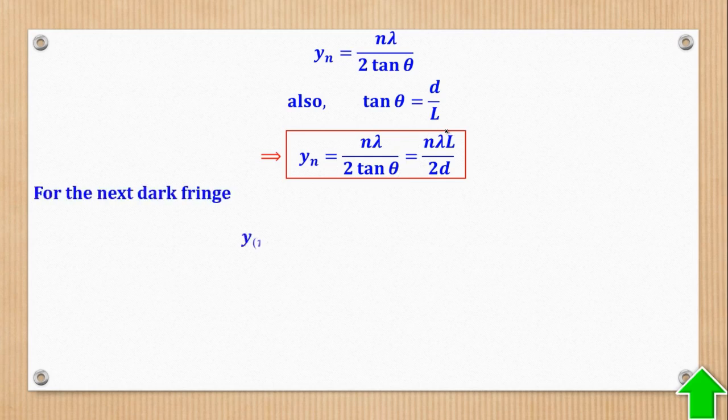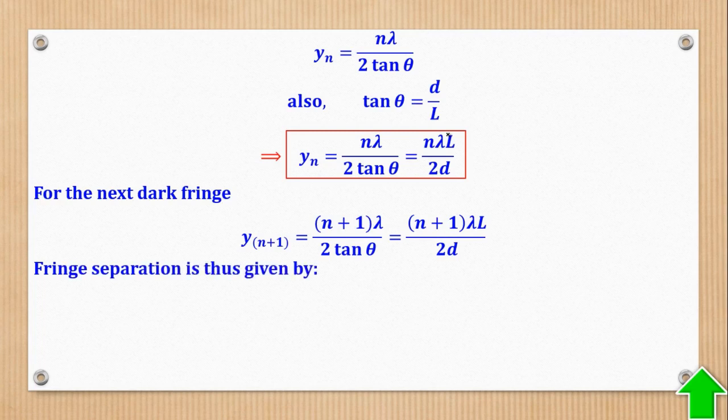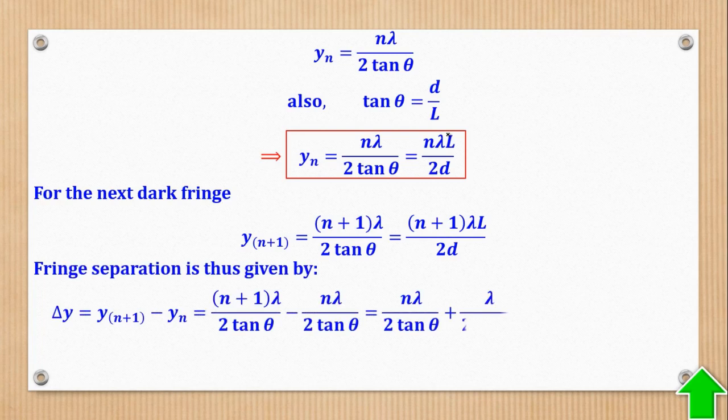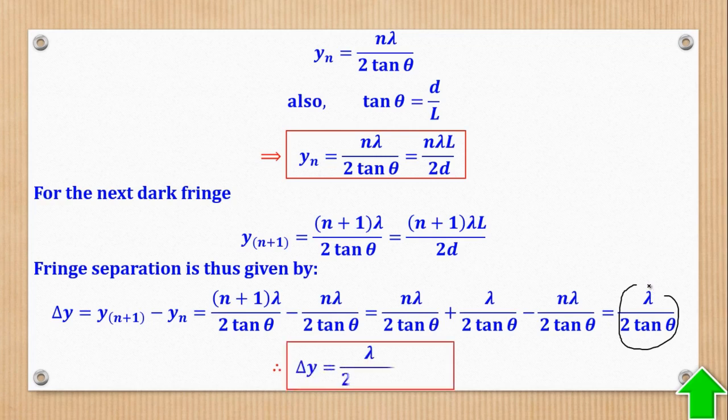So for the next dark fringe, we have that, meaning I can easily get the fringe separation. So fringe separation will be given by that formula, and is equal to lambda over 2 tan theta. But we already know that tan theta is d over L, so I can either use this formula or use this for fringe separation.